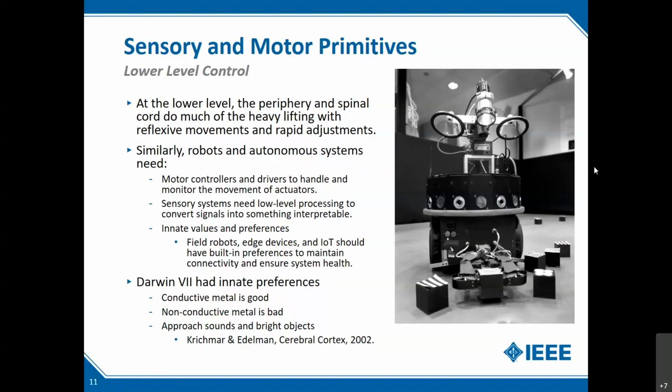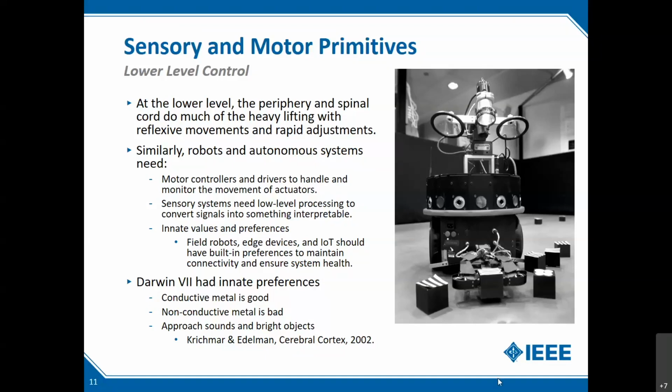Another important thing that's not always talked about is having innate values and preferences. Any autonomous system has some sort of built-in preferences to maintain connectivity and ensure health. On the right was one of the first robots I worked on, called Darwin 7, and that had innate preferences.